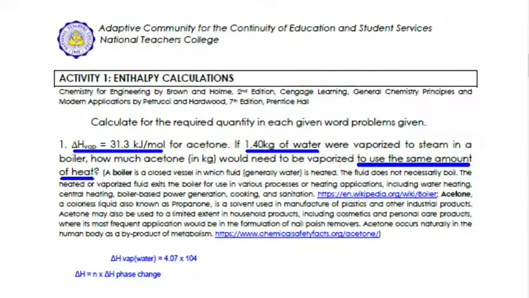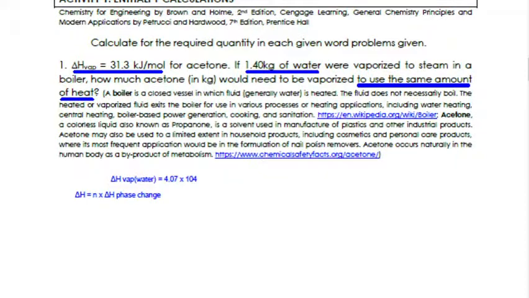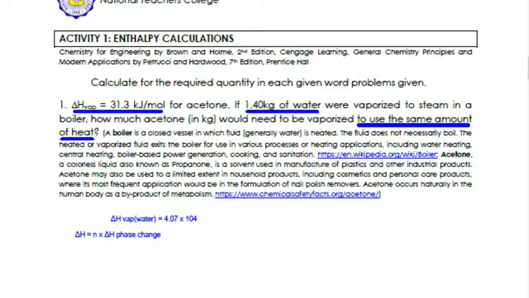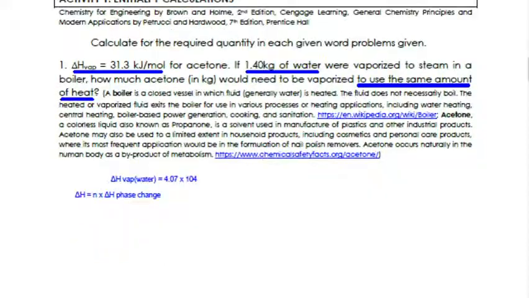For activity 1, this is a review of enthalpy calculations. Calculate for the required quantity in each given word problem. I've underlined the given and then some tips of the formula.